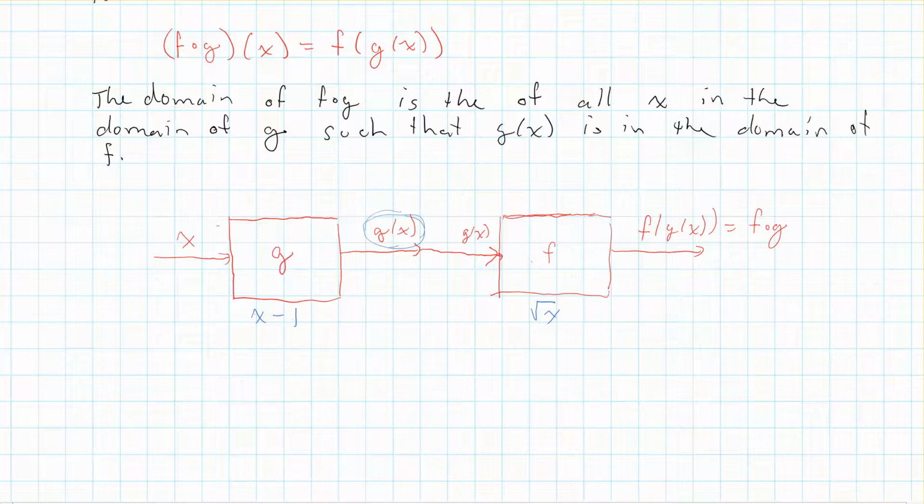You can plug in any real number here and it'll be fine. But the domain for square root of x, remember, is that x has to be greater than or equal to 0. So I have to figure out when the output is allowed. In other words, when is x minus 1 going to be greater than or equal to 0? And of course, that's x greater than or equal to 1.